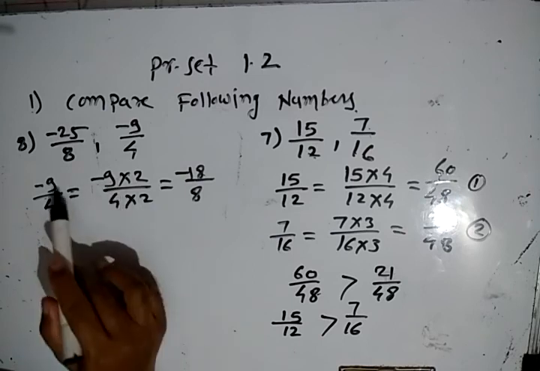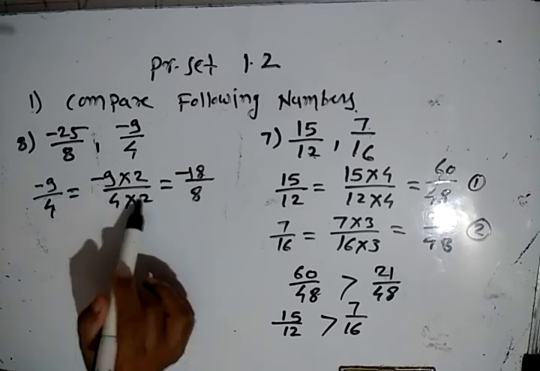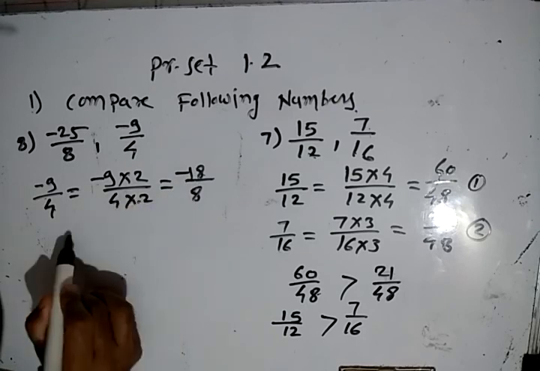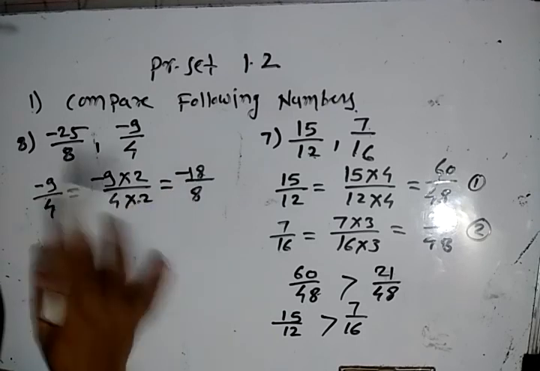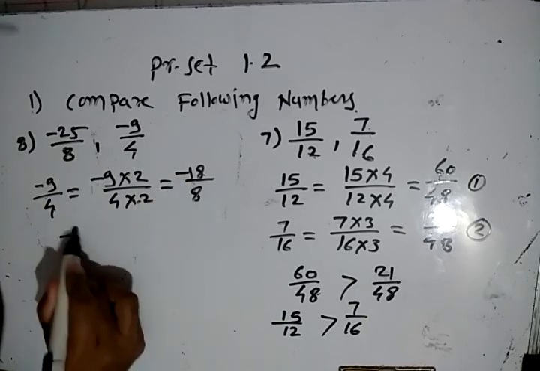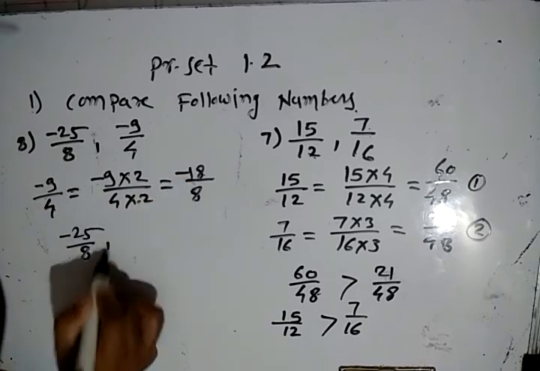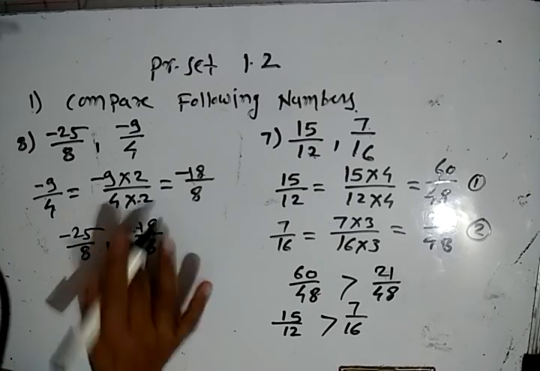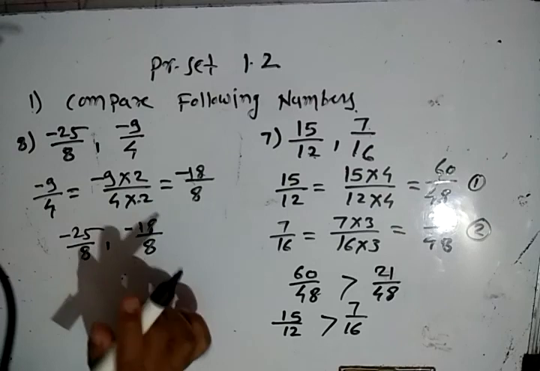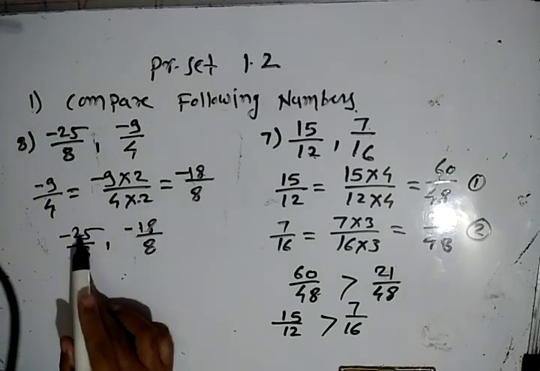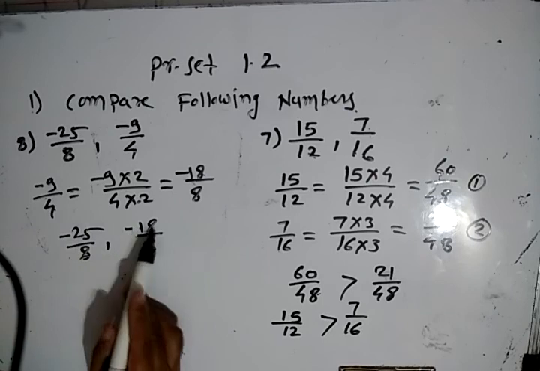By multiplying numerator and denominator by the same number, the value does not change. Therefore, when we compare these two, minus 25 upon 8 and minus 18 upon 8, the denominators are same, but minus 25 is less than minus 18.